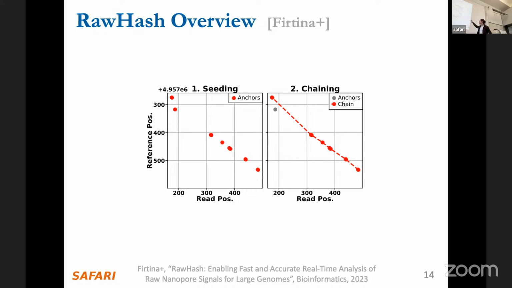Then during chaining, we start connecting them, right? We try to look at all our individual hits and try to find ones that make sense together, and we group them into a chain. So clearly now they're connected, but I draw them as a dotted line because it's still a relatively loose connection.